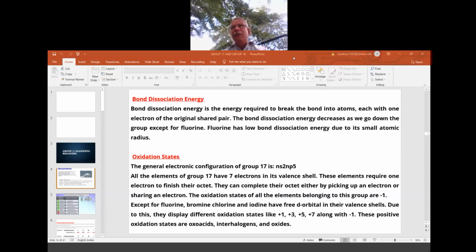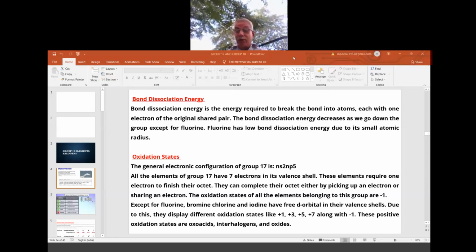upon how many electrons they want to lose, because one more plus point is that the other members have d and f orbitals. So they can make use of those orbitals, and ultimately they can go for even loss of electron also. This type of loss of electron by the halogen is usually uncommon, unusual, but still they do.